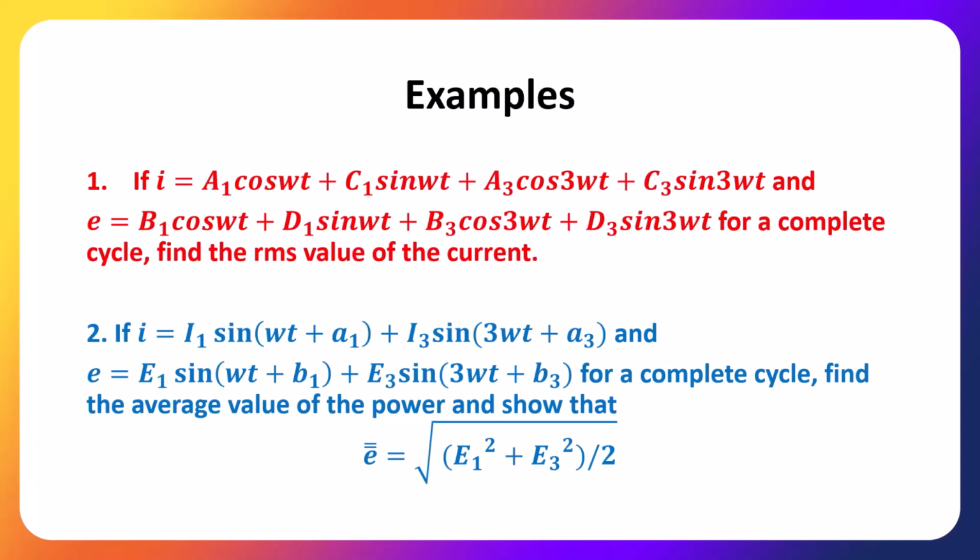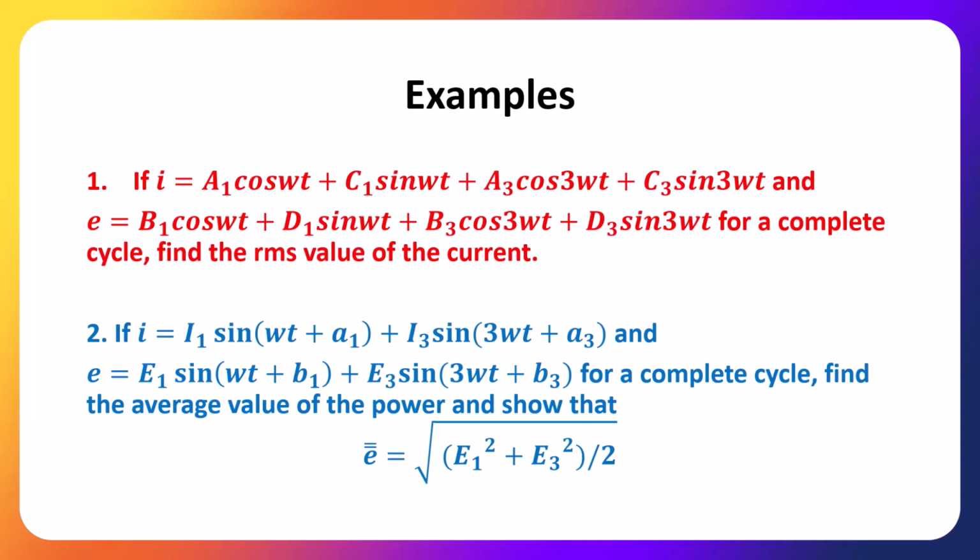The second one says that if I equals I1 sine of omega t plus A1 plus I3 sine of 3 omega t plus A3, and E is equal to E1 sine of omega t plus B1 plus E3 sine of 3 omega t plus B3.